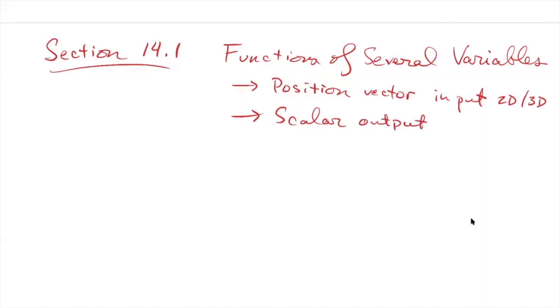So this is not vector valued. And so there will just be fewer vectors here. There's still vectors, right, with the position vector input. But we won't see a lot of vectors until we get into directional derivatives, I think. So that'll take a little while.